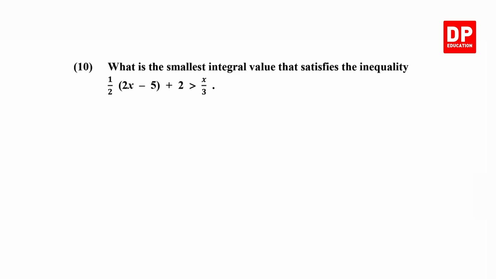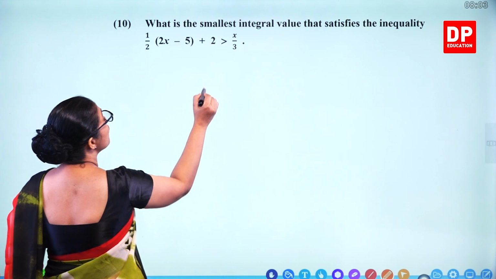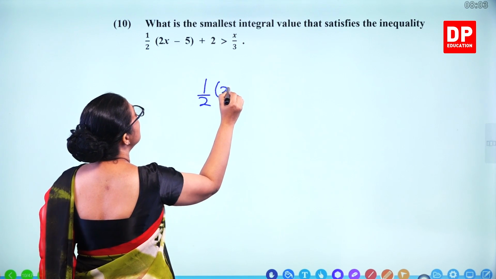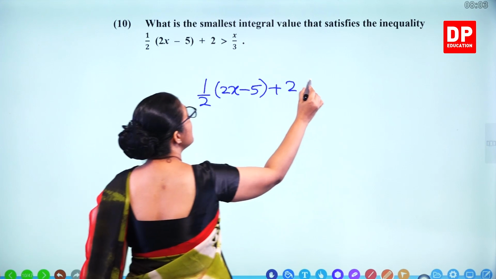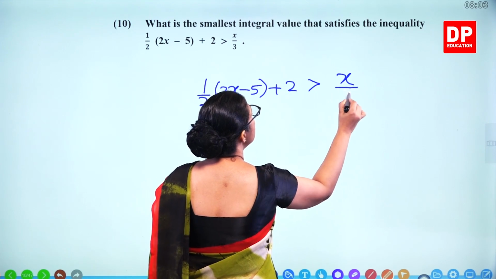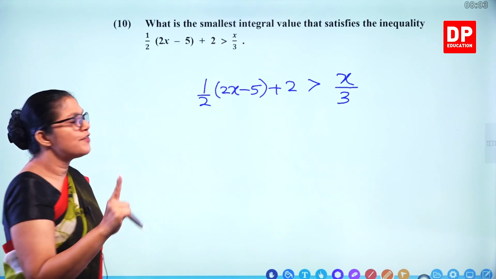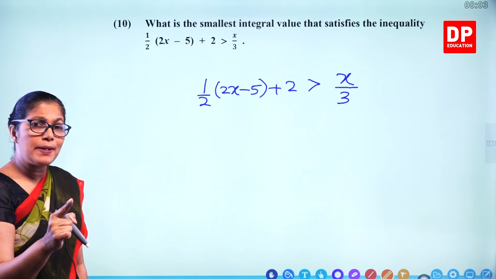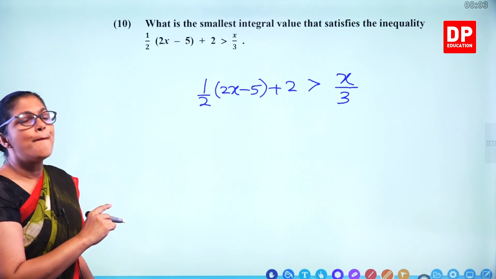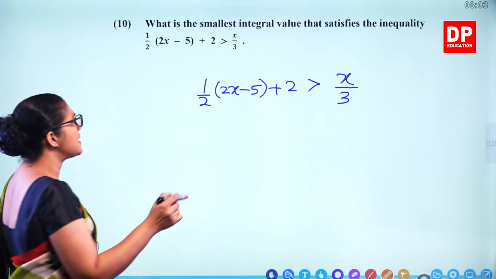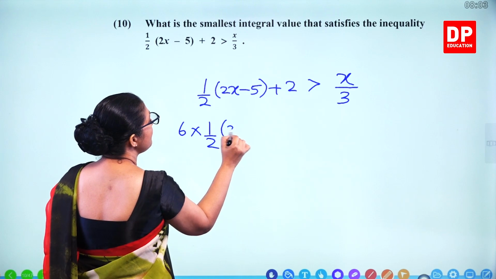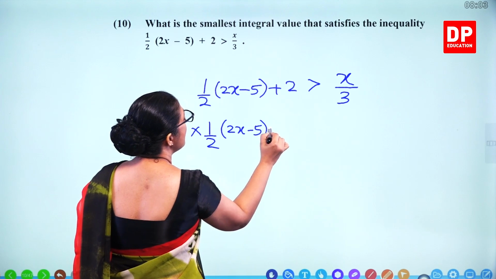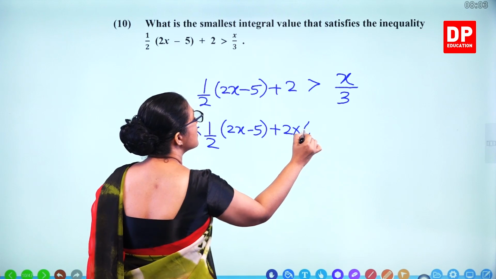Question number 10. What is the smallest integral value that satisfies the inequality? So fractions are there. So you don't need to worry about fractions. You have to first get rid of the denominator value. So 2 and 3. Lowest common multiple is 6. So what we can do? Multiply the whole equation by 6. Half into 6. 2x minus 5 plus 2 into 6.